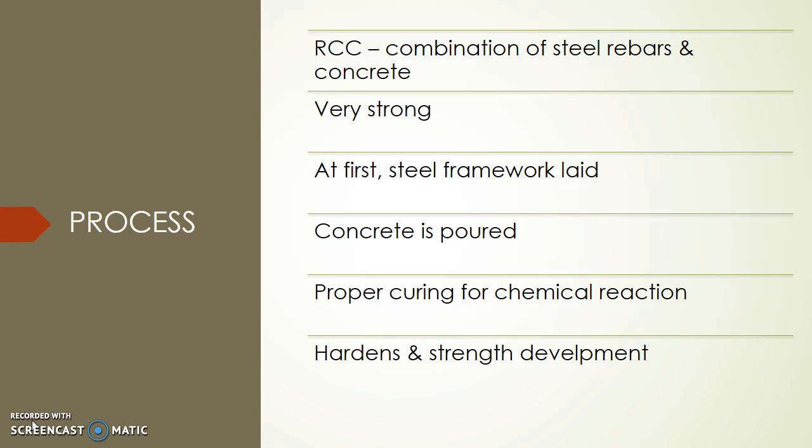Within the first 7 days, proper curing is done regularly, and sometimes if the building is in hot weather where evaporation occurs, the concrete structure is covered by burlap cloths to prevent the evaporation of the moisture and the wetness. It takes about 28 days to achieve the hardness and the strength that it needs.